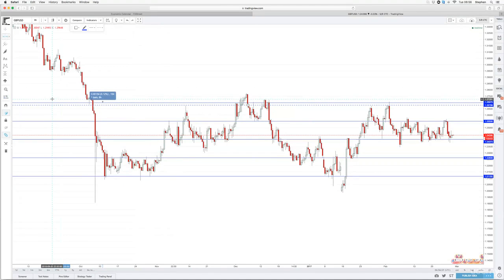No matter if it's half a pip out, because these are just physical zones. I just want everybody to remember at this point, when you're trading support and resistance, price is not perfect.